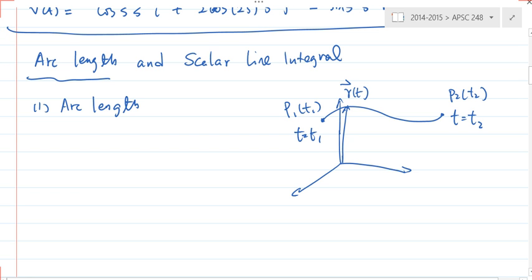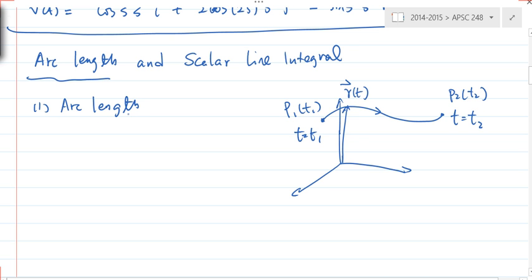So the question is, what's the arc length between t equal to t1 and t equal to t2? Basically, how long is this string? Of course you're going to fully extend it, and that's how you measure the length of that, right? The total length. That's what we call the arc length.